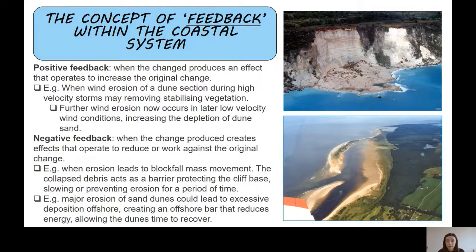Now that you have a barrier at the bottom of the cliff base, that will absorb the wave's energy and will slow down erosion. So that means it's gone back into balance. Okay. Another example is major erosion of sand dunes could lead to excessive deposition offshore, like an offshore bar, that reduces energy because the waves now will break further out to sea near the offshore bar, allowing the dunes time to recover.